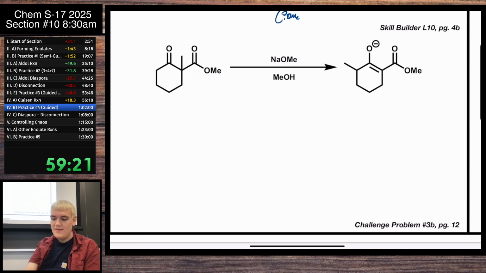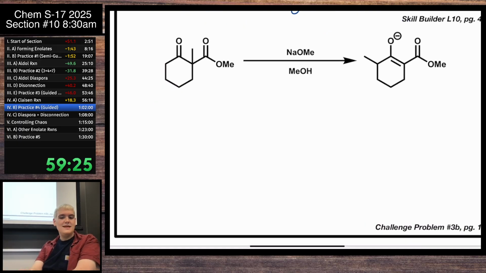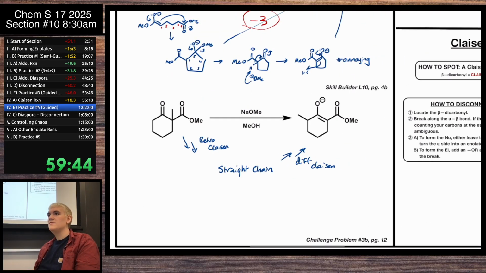And then 3B, we're not going to work through it, but it's the exact same idea with the Rasputin dance thing that we did before of we're going to do a retro Claisen. We'll get to a straight chain. And then we will do a different Claisen. So it'll be some practice with the same kind of skills there.